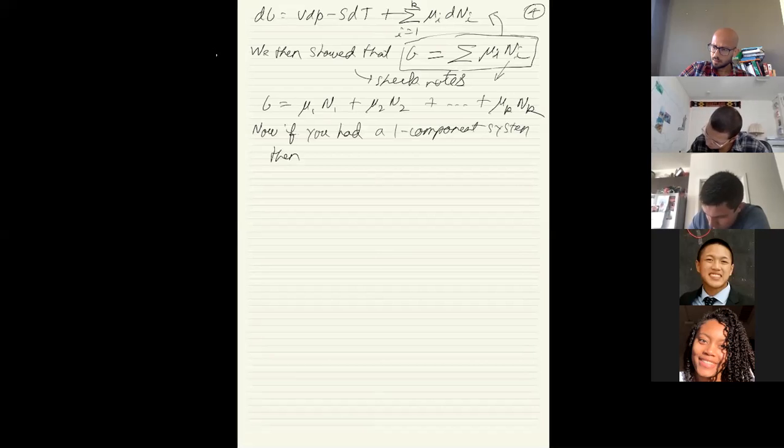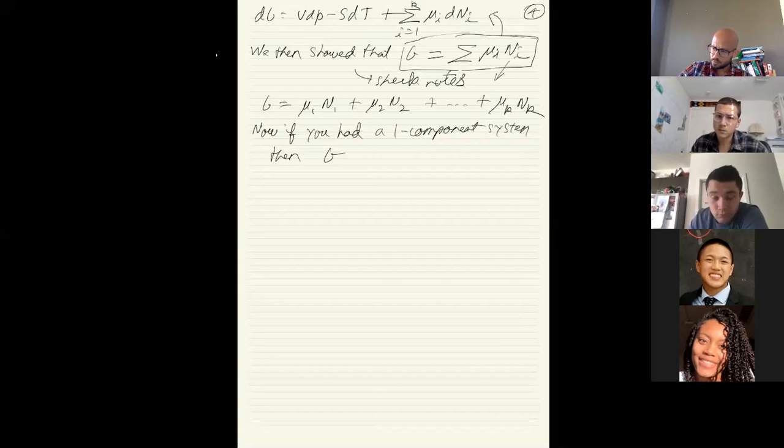Remember, this equation is true not just at constant temperature and pressure, it's true all the time. It's a powerful equation. We derived it carefully. There was a subtle argument that we went through to derive it. If you don't remember the derivation, that's okay, but you should not forget that for G, it is mu i n i, a summation. There is no derivative in this one.